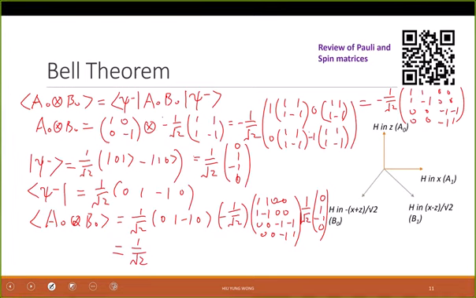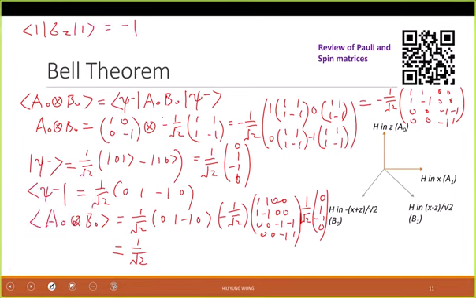So how can I find it? If I do this, this must be negative 1, because no matter how many times you measure, I must get negative 1. This is the expectation value I will get.